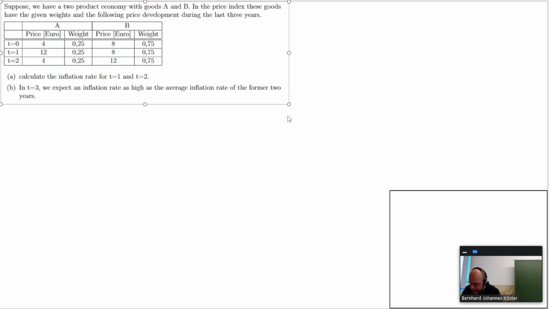You should just calculate the inflation rates in T1 and T2. In T3, we expect an inflation rate as high as the average inflation rate of the former two years.